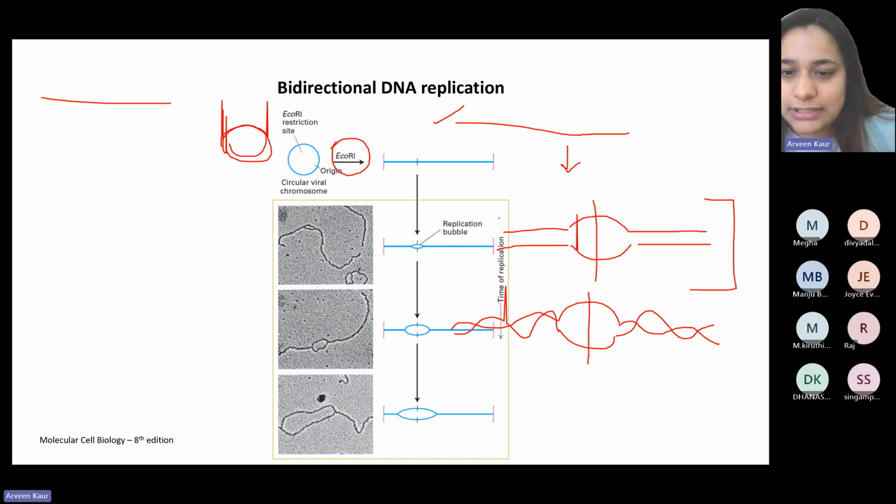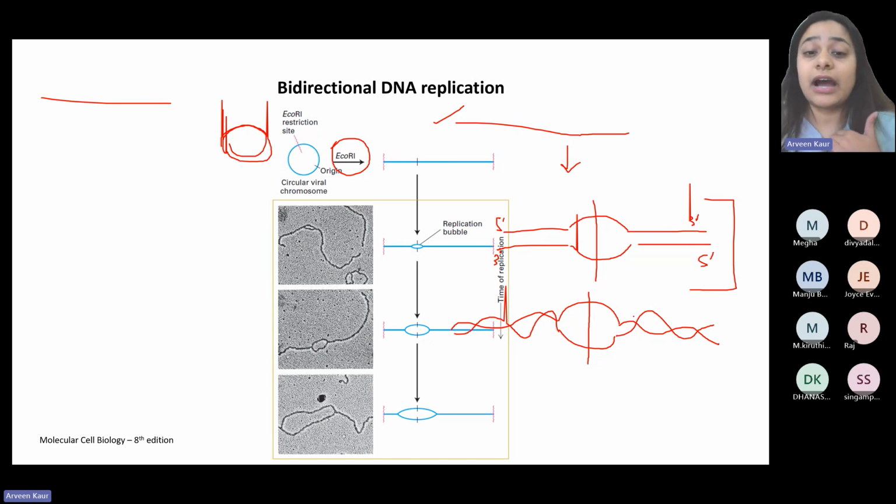Say this first strand is in 5' to 3' direction, and this other one is anti-parallel and it is in 3' to 5' direction, right? Now, in which direction can polymerase always act? It will always act in 5' to 3' direction, so it will synthesize a new chain in 5' to 3' direction.